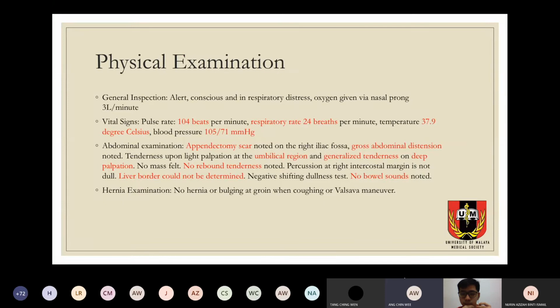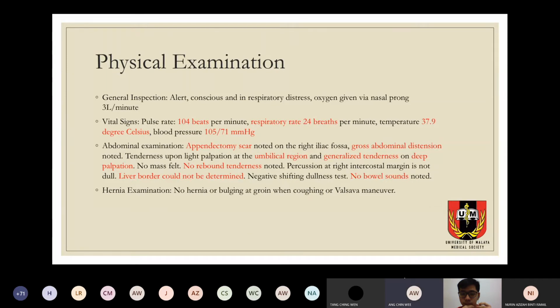And it should be tender on light palpation everywhere, generally. Does this patient have that? No, right? So do you now think this patient has generalized peritonitis or not? No. Actually, from what I've read, rebound tenderness is just a sign of more severe tenderness, but cannot rule out, I think.